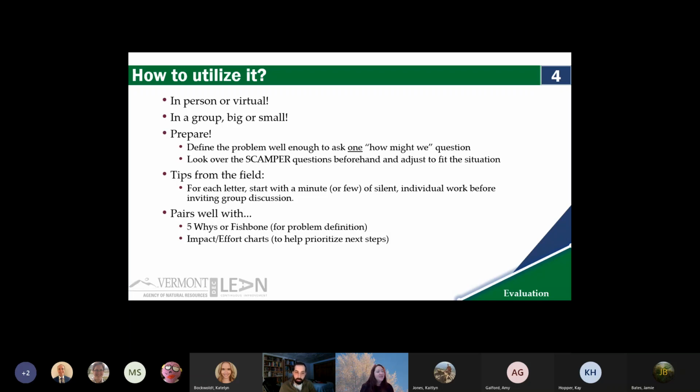And one tip from the field is, for each of the categories that you're going to look at, I would recommend, and we did this, starting with a minute or a couple of minutes, depending on how much time you have, of silent individual work before you go into the group discussion.